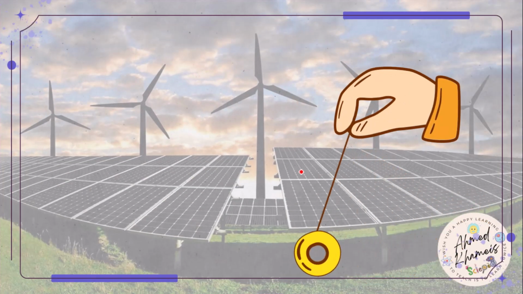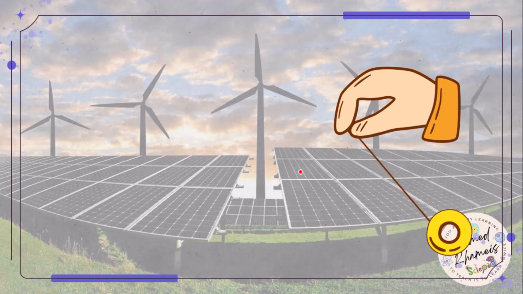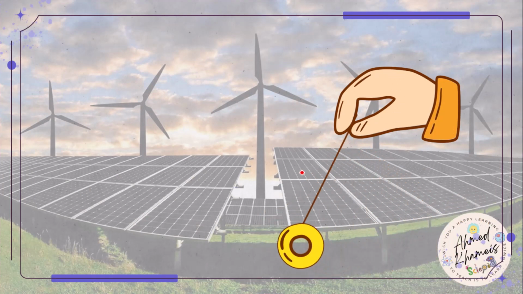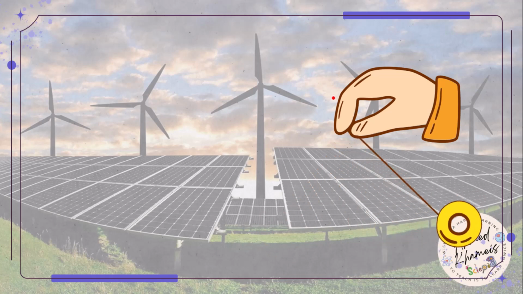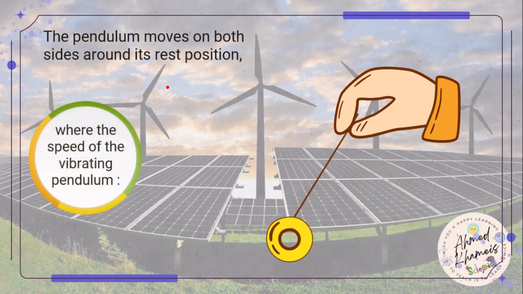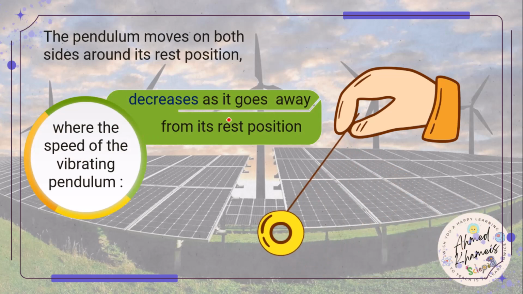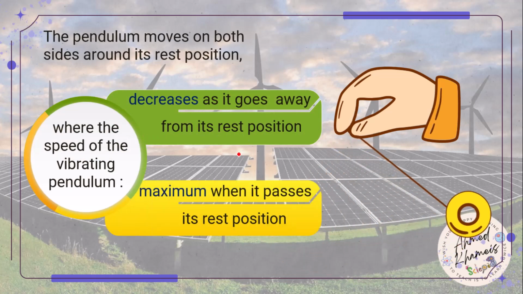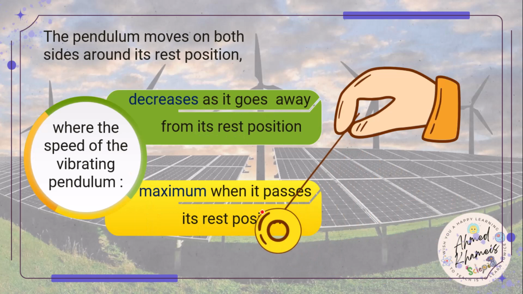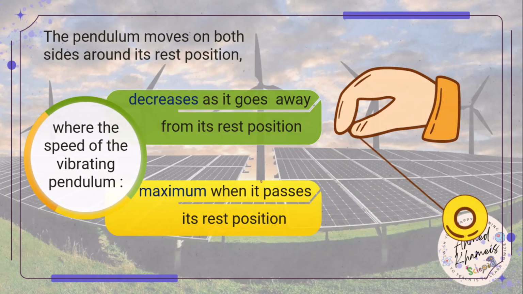So we have the pendulum that moves on both sides around its rest position, where the speed of the vibrating pendulum decreases as it goes away from its rest position and becomes maximum when it passes its rest position.